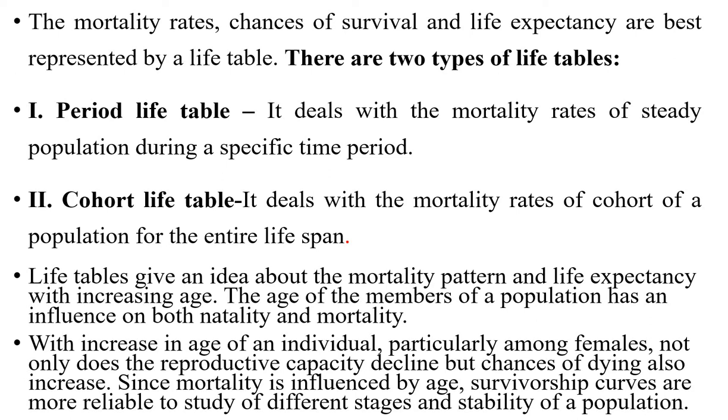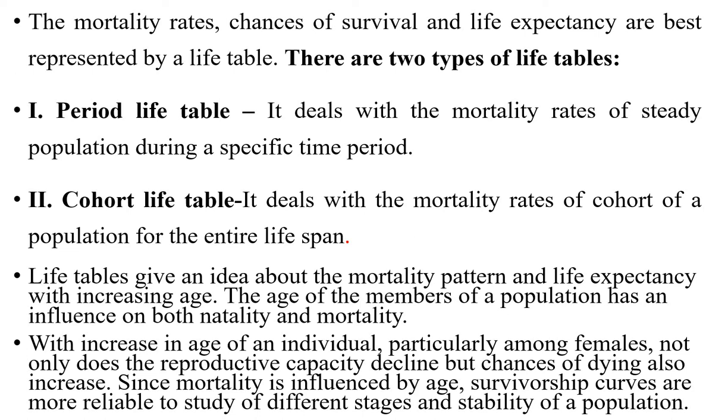The mortality rate of a steady population is considered in the first, that is period life table, for a specific time period, whereas in case of cohort, means individuals of the same age group, it is related with the mortality rate of a cohort of a population for the entire lifespan and not for a particular or specific period.